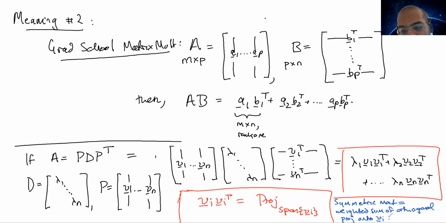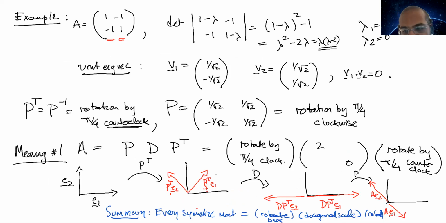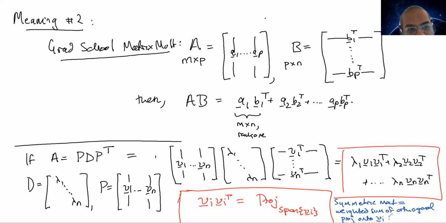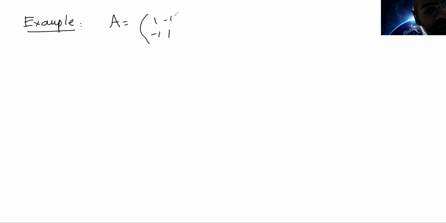So let's again go back to our example, or let me write it on a new page. We had a matrix A that was 1, 1, minus 1. This was written as PDP transpose, but the eigenvalues were 2 and 0.